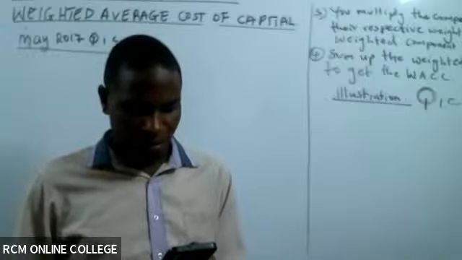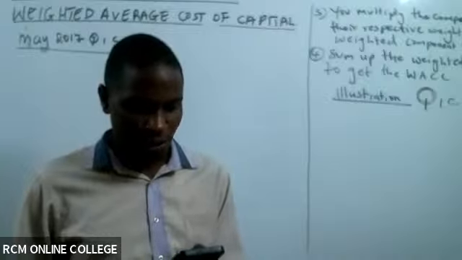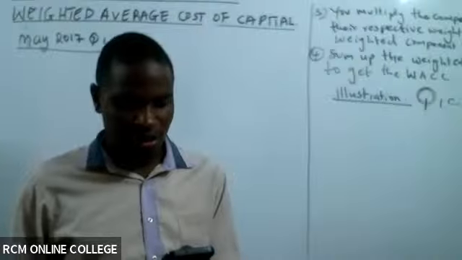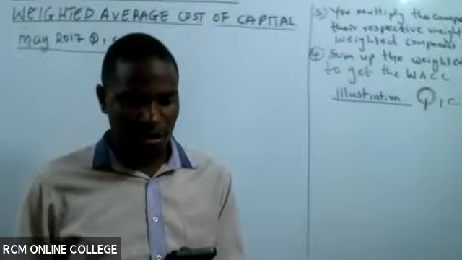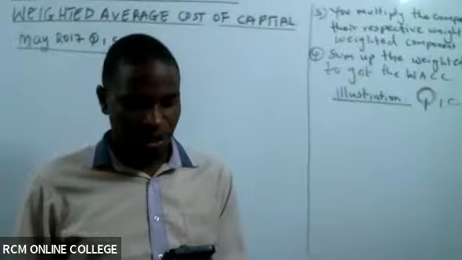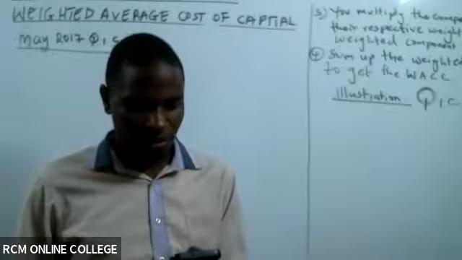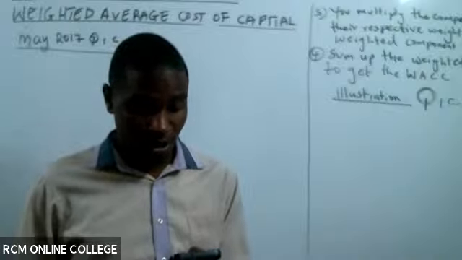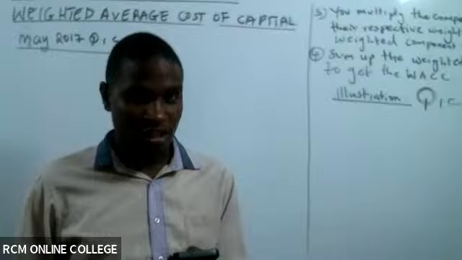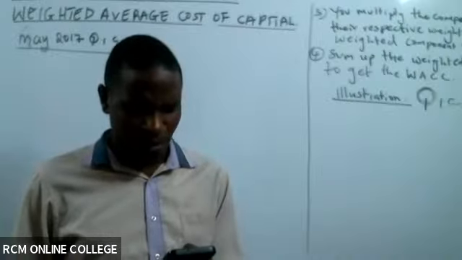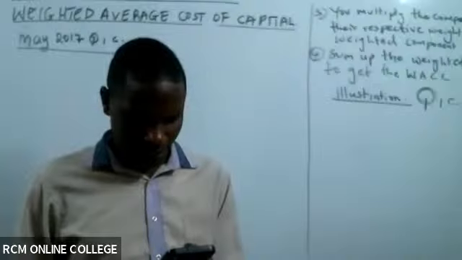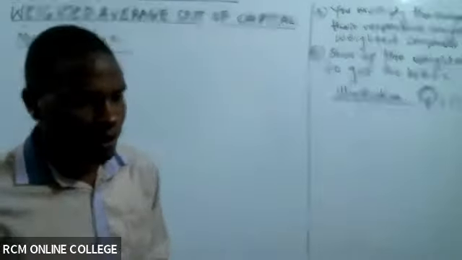Ordinary shares are currently selling at 50 each. The existing 10% debenture is currently trading at 110 over par at the security exchange. Existing 8% preference shares are currently trading at 25 shillings each. Corporate tax rate applicable is 30%.